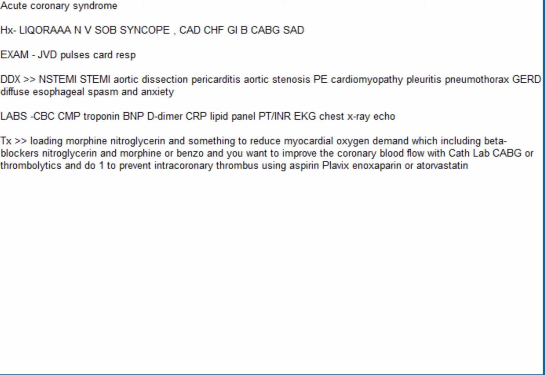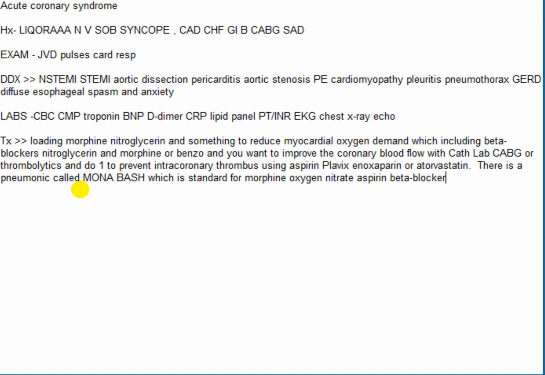There is a mnemonic called MONA BASH, which stands for morphine, oxygen, nitrate, aspirin, beta blocker, ACE, statin, and heparin.